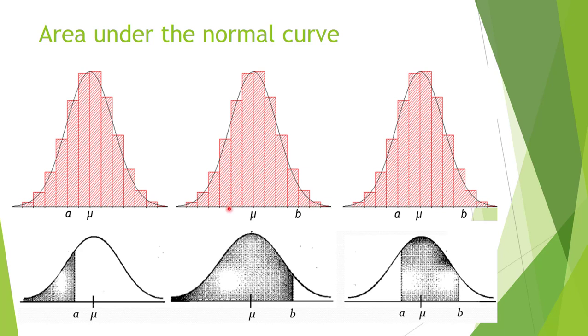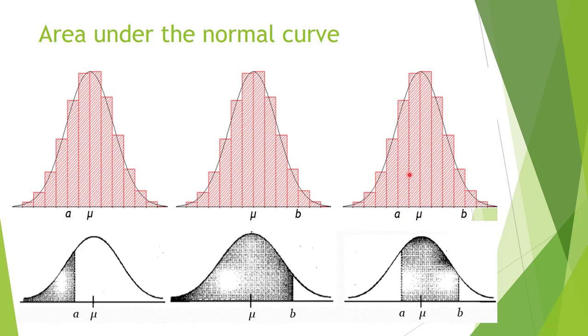Okay, so what about the bars to the left hand side? All these bars to the left hand side of B. If you add the area of all these bars together, you will be able to find the percentage of scores, or the percentage of data points, smaller than B. It will be the same thing, but I have A here, I have B here.